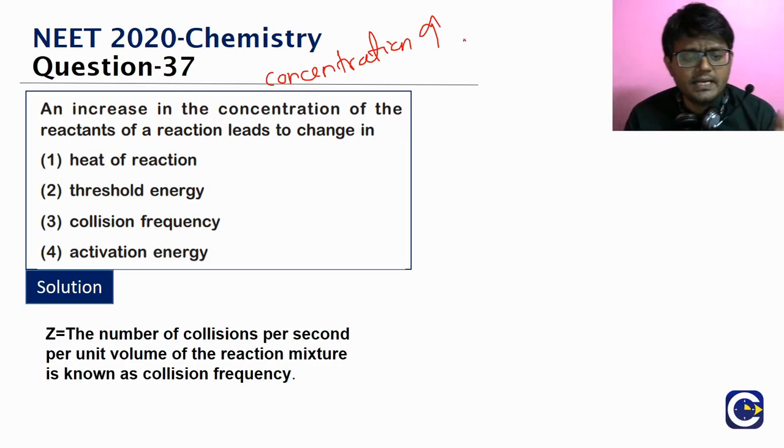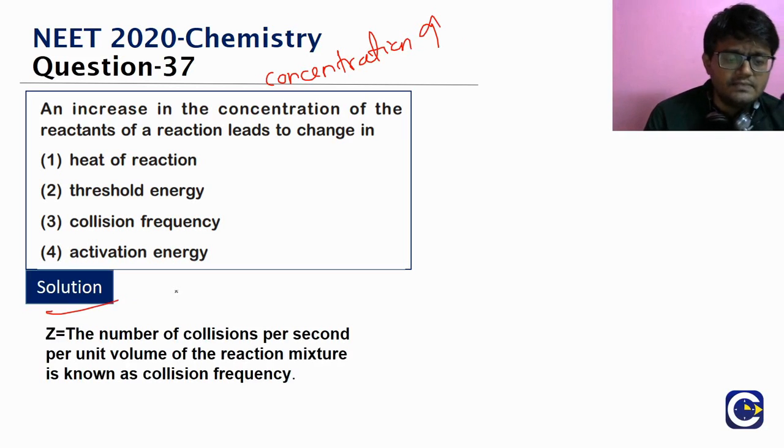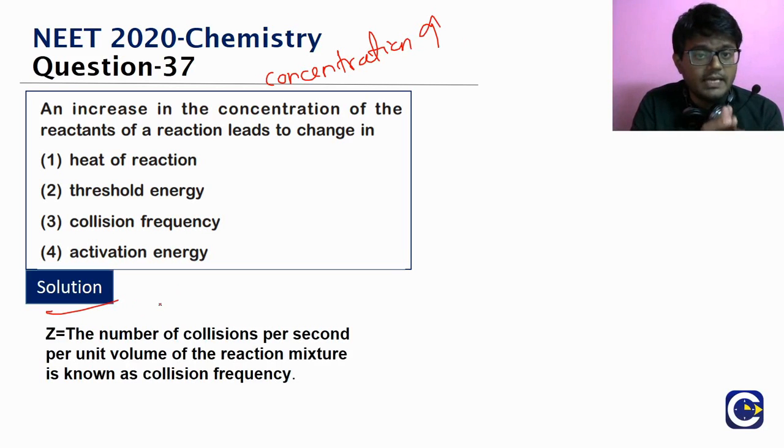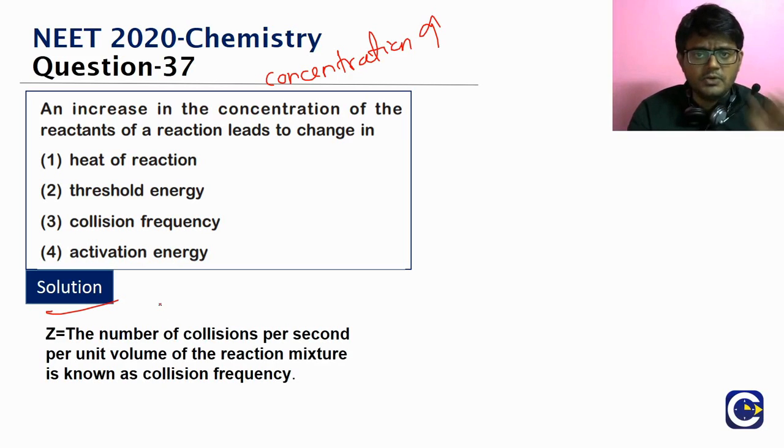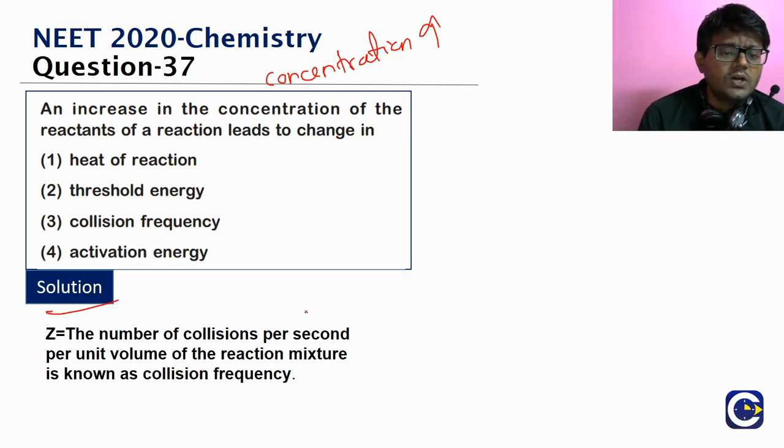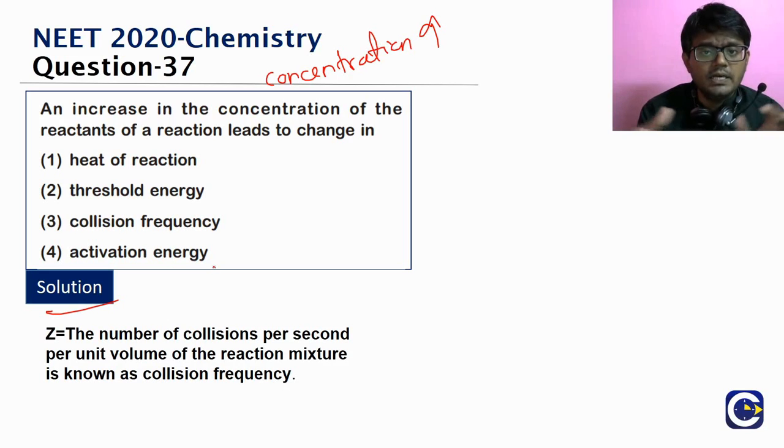If you're looking at the collision frequency in the collision theory, chemical kinetics will explain the rate of the reaction either based upon the Arrhenius theory or based upon the collision theory. Collision theory talks about the reaction happening through collision between the reactant molecules.